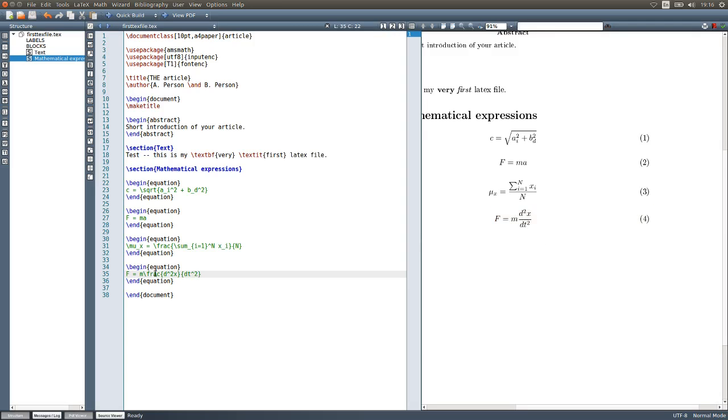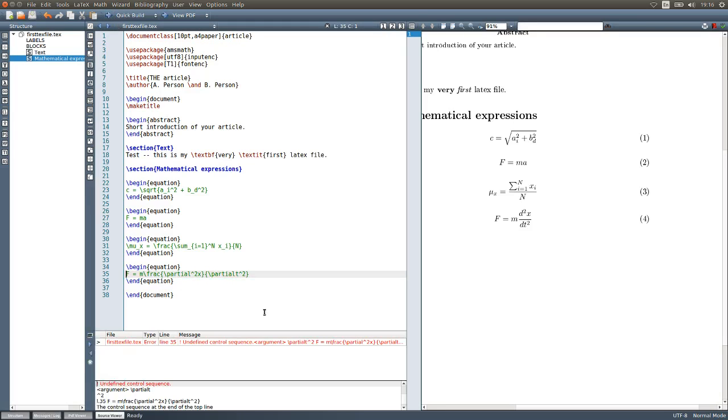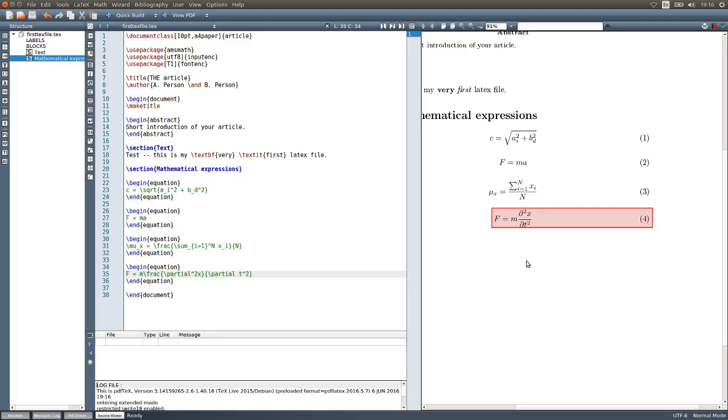If we want the partial derivative, there is a function for that as well, the partial command. It's giving me an error here because I didn't put a space in there. So there you go. The partial derivative is a d with a little turn to the left. Partial derivative of the second order of x with respect to t.